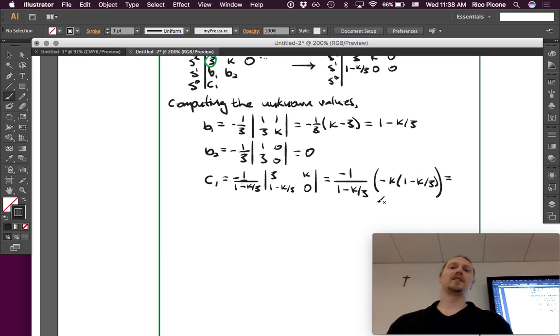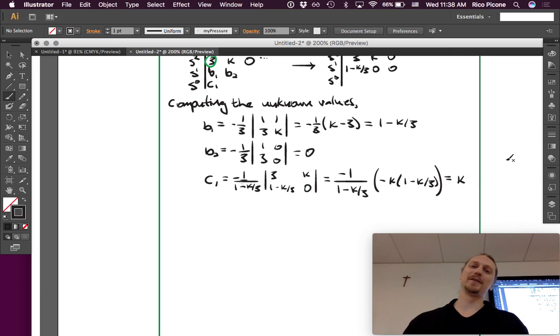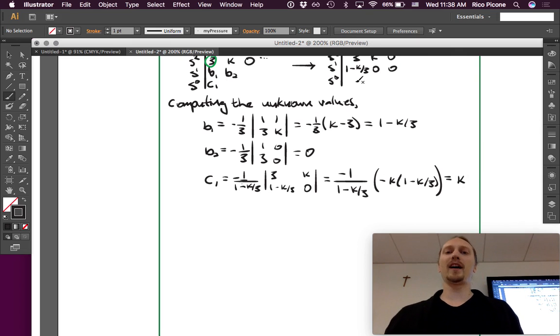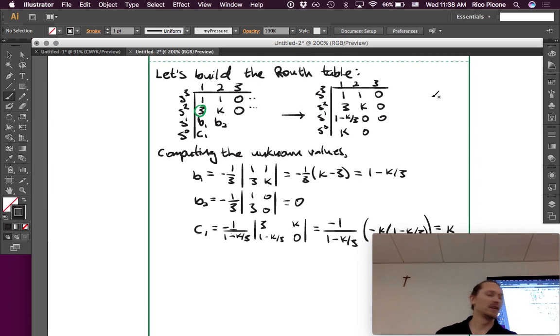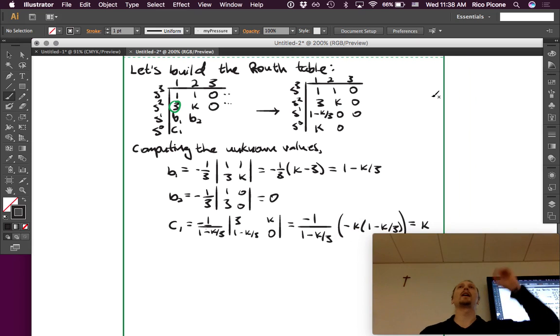The reason I didn't distribute it is that I did this problem last night, and the 1 minus k over 3 is canceled, conveniently, and the negatives canceled too, so we end up with just k. Nice. So this last term in our Routh table is just k, and then the rest are 0. So we finished step 1, which is build the Routh table.